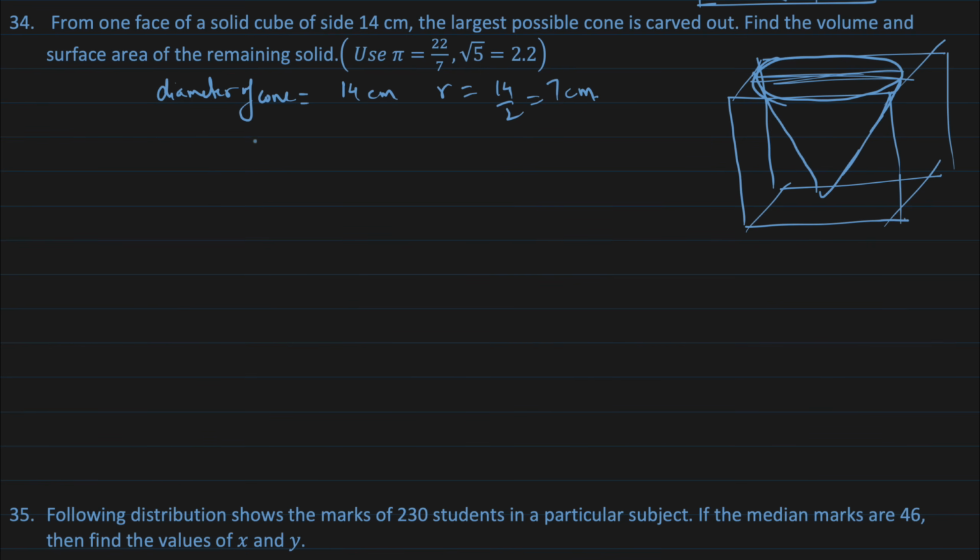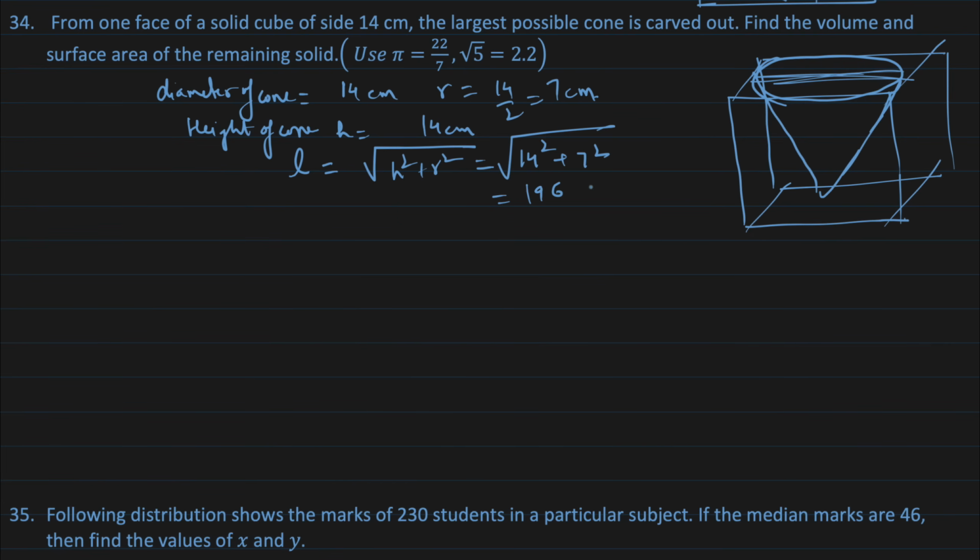And height of cone H will be 14 centimeter. So you will get half mark for this. So L we have to calculate because we need surface area also. So H square plus R square, let's calculate first. 196 plus 49, so that gives you how much? 245, right?